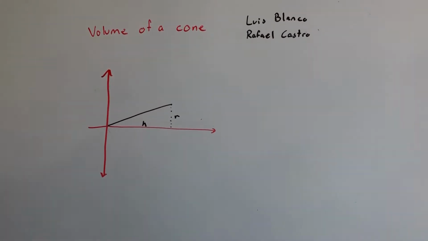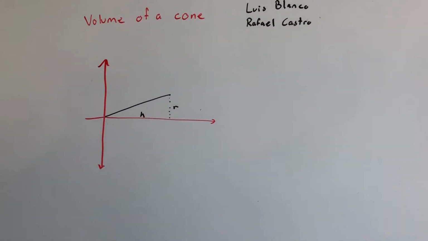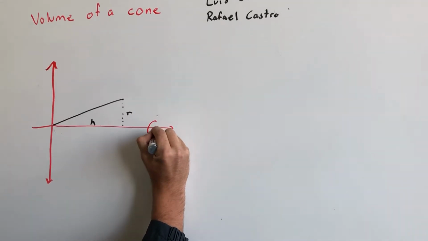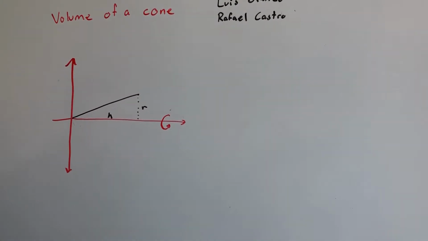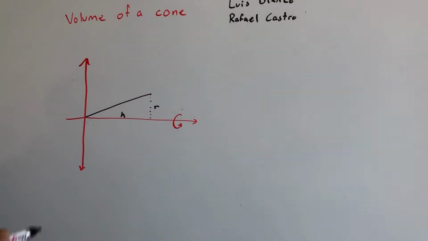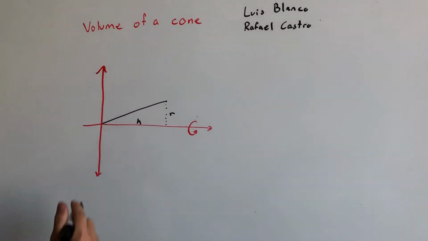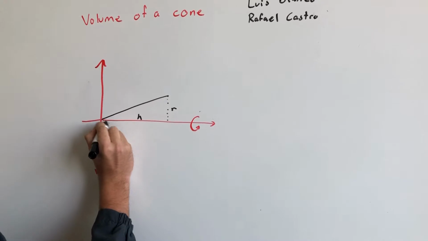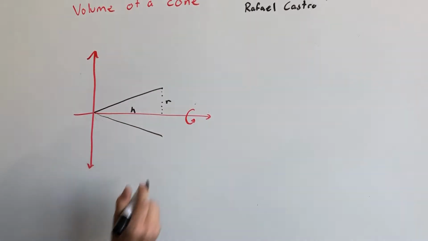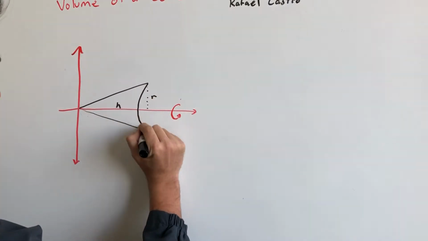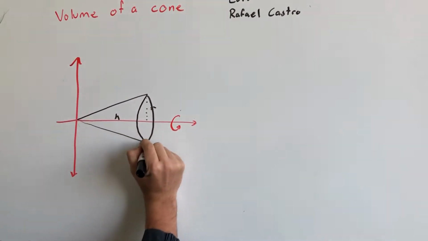Now we will rotate this line about the x-axis like this in order to make the solid of revolution. So the reflection of the line on the x-axis will look like this, and once it's rotated, the solid will look like this.